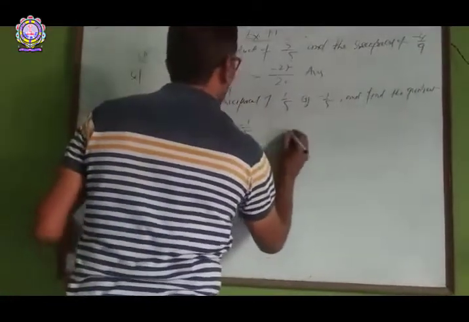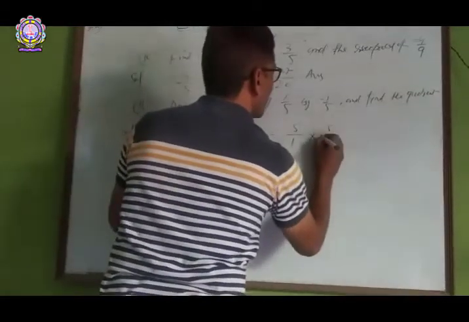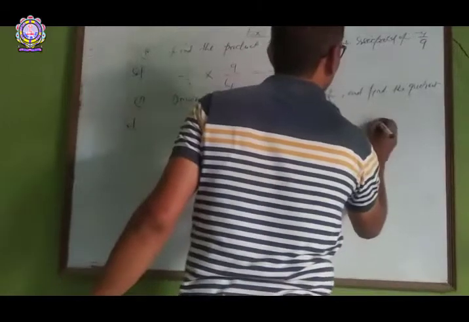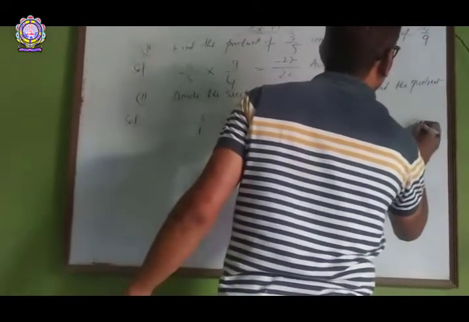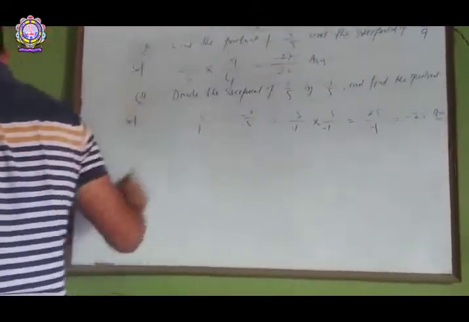This will be equal to 5 upon 1 multiplied by 5 upon minus 1. This will give you 25 upon minus 1 and this will be equal to minus 25, which is the quotient and it is the answer.